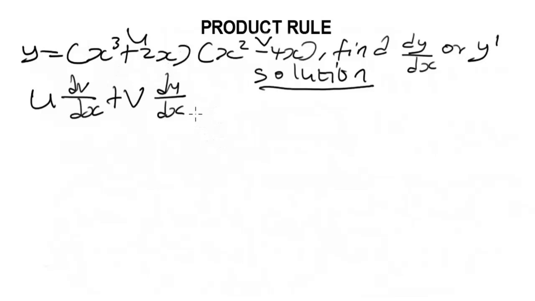Okay, having known that, what it means here is that it will be equal to, in brackets x cubed plus 2x, bracket close. This time around differentiate the values for v. When we differentiate what is in this bracket for v, differentiating x squared, we're going to have 2x, minus 4.